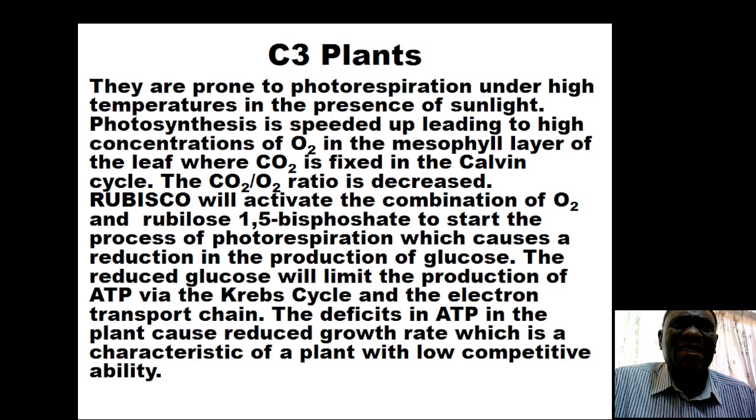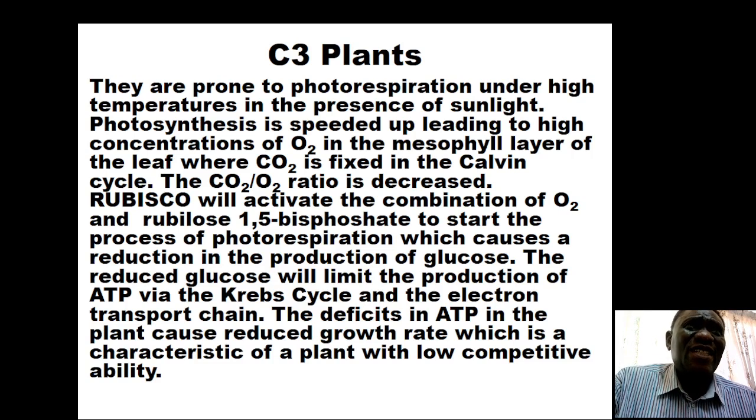This can actually lead to the reduction of glucose. Once glucose is reduced, it means that the growth of the plant may also be reduced, and the plant may not become competitive.